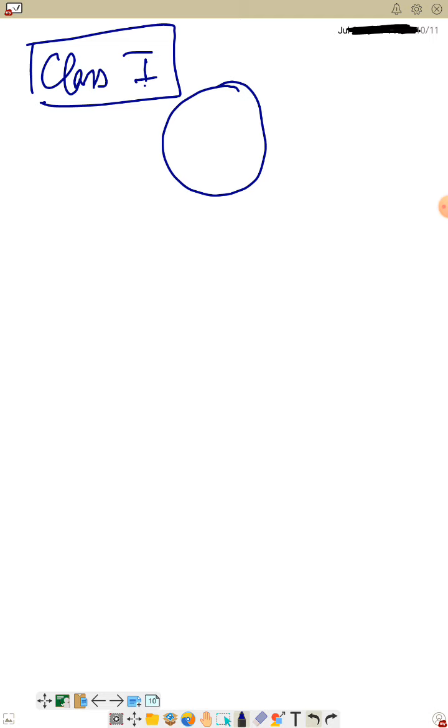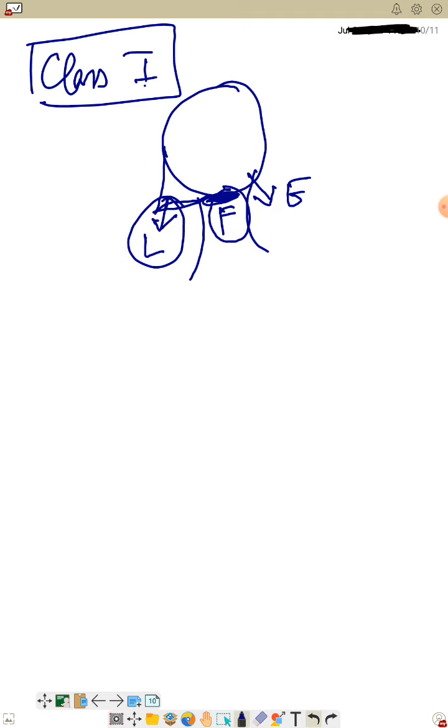So if this is my head, and this is my chin, and this is my neck, when I nod my head, first I push my head up. So this is my effort, and my chin will go up, that is my load, and the muscles on the neck help me to nod the head. So that is my fulcrum. Here you see fulcrum is lying between load and effort. So my class 1 lever is nodding of head.